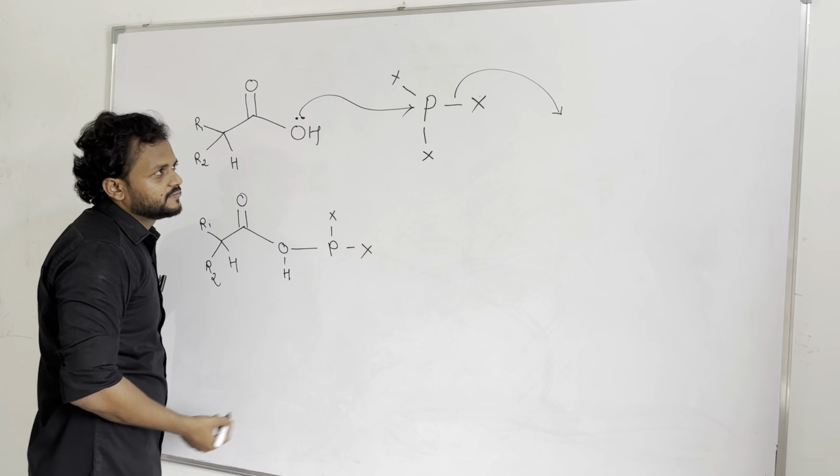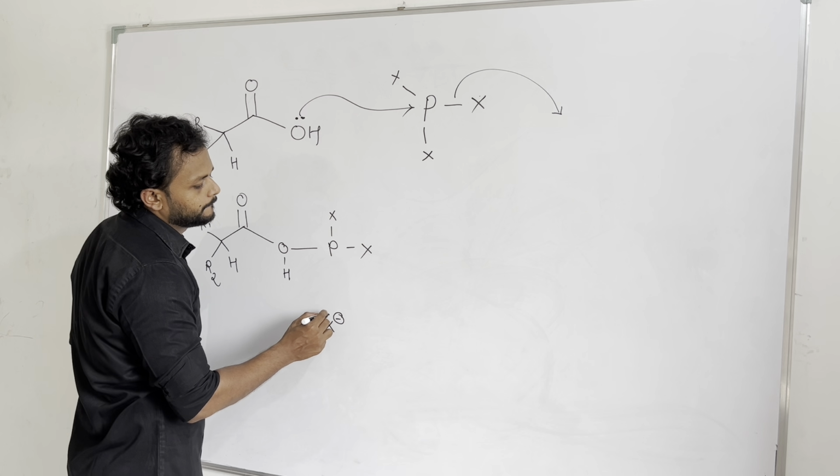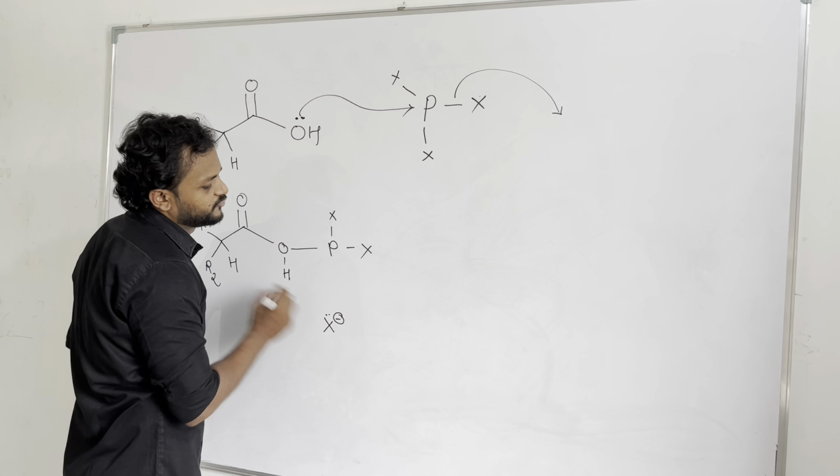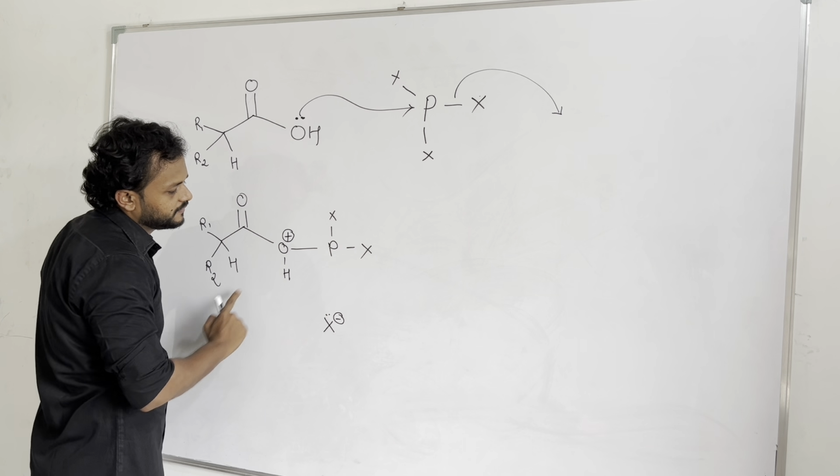One halogen is eliminated, and that is this one. Oxygen is being positive with 3 valency.